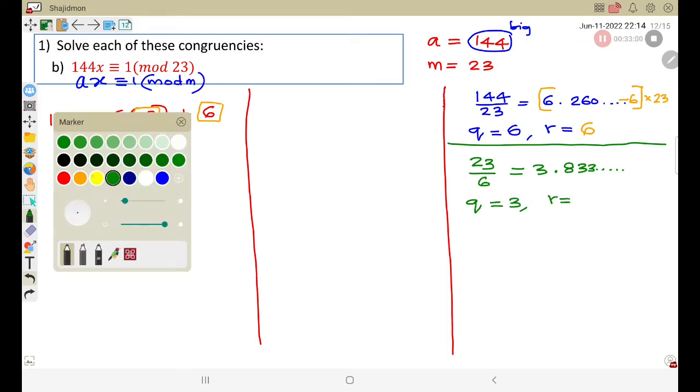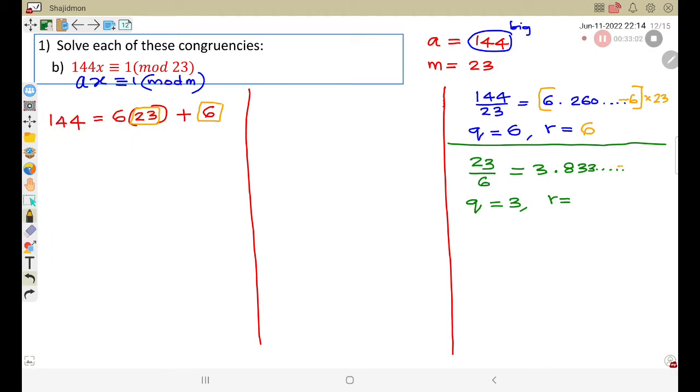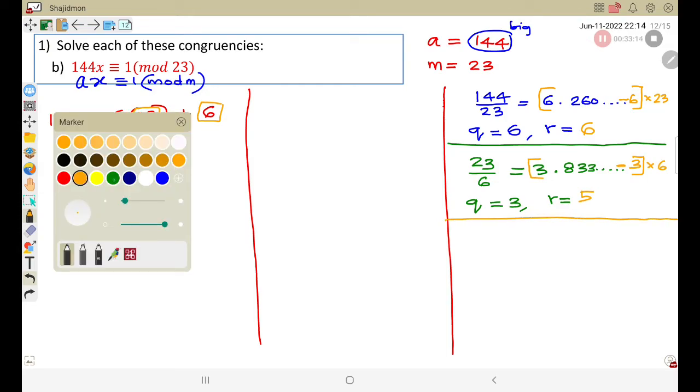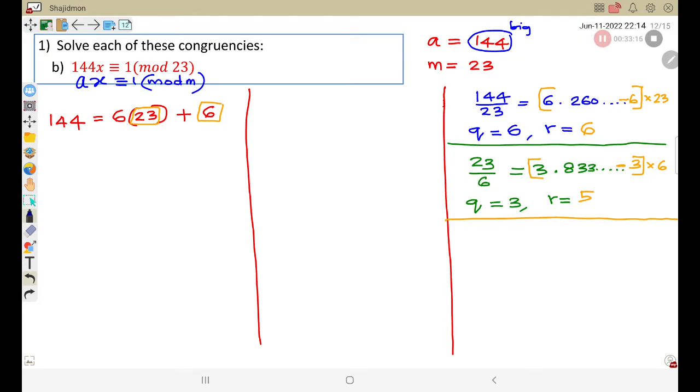You can check it: opposite of the quotient, minus 3, this number minus 3, multiply 6. So you will get remainder equal to 5. I hope you are getting it. You can try the same with me. So 23 equals 3 times the divisor, 6, plus the remainder, 5.